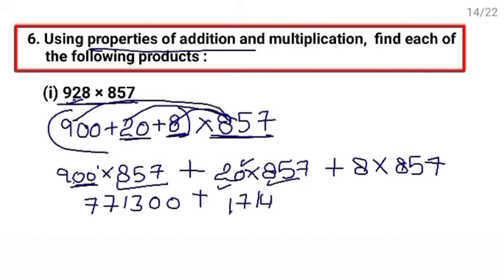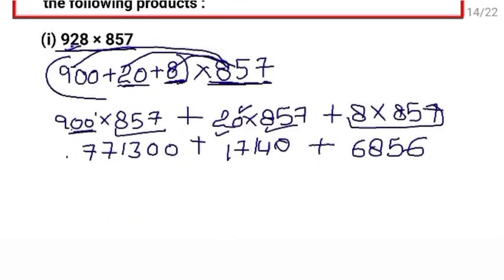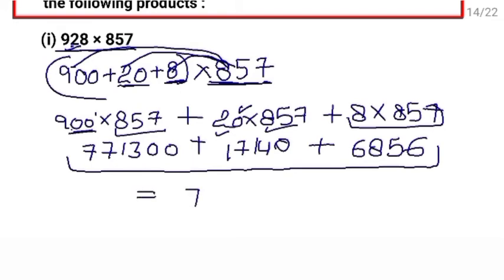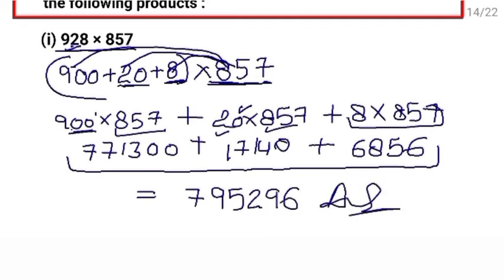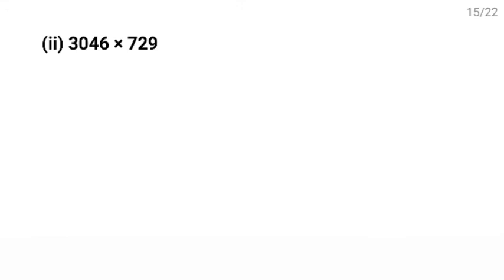How many zeros were there? 1. So put 1 zero. Plus, when you multiply these two numbers, you will get 6856. Now add all these three numbers. What do you get? You get 7,95,296. This is your answer. Next, again, we are going to multiply by using property. So write the first number the same.